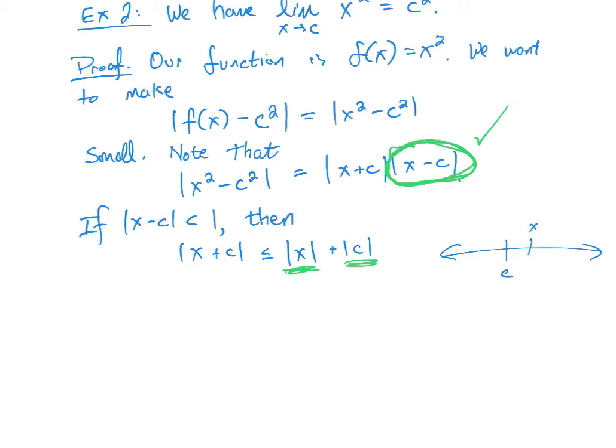So if x is within 1 of c, then the absolute value of x is less than the absolute value of c plus 1. So the absolute value of x plus c is at most the absolute value of x plus the absolute value of c, which is less than 2 times the absolute value of c plus 1.